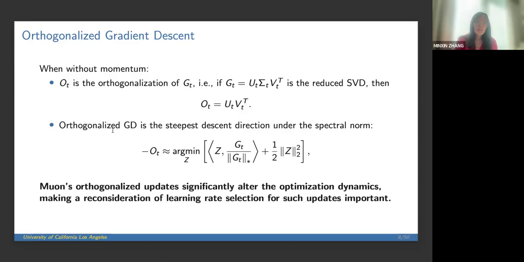And why is this orthogonalization a good choice? One way to interpret it is that standard gradient descent is the steepest descent direction under the standard Euclidean norm. And orthogonalized gradient descent is also a steepest descent direction, but under the spectral norm.